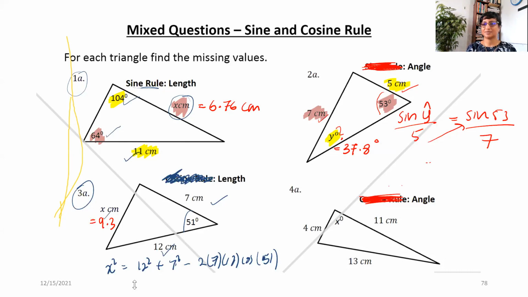So it is 5 times sine 53, divided by 7, and sine inverse of that.